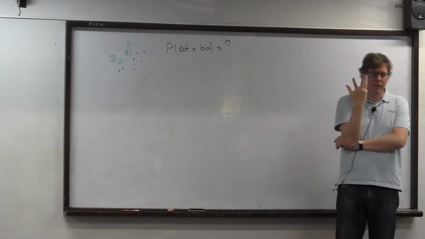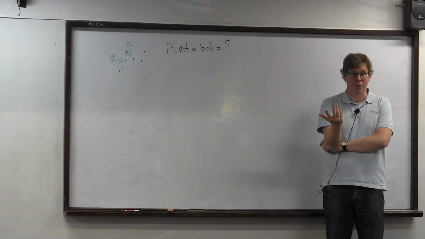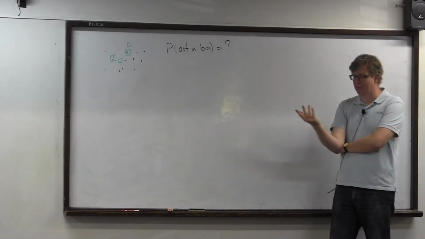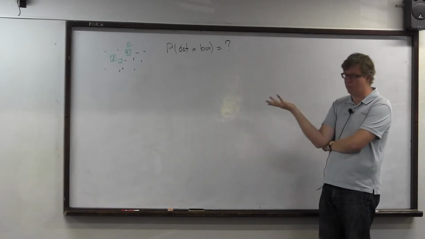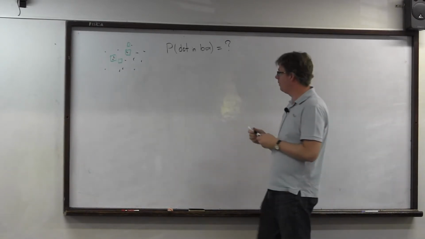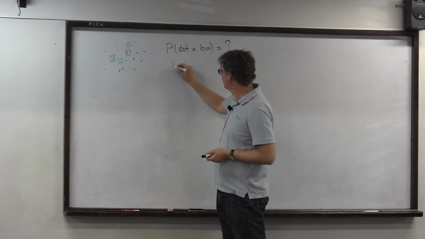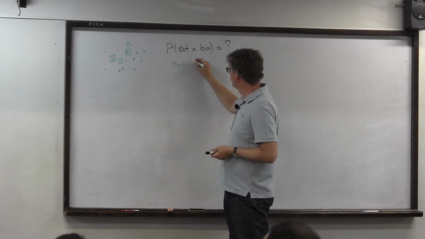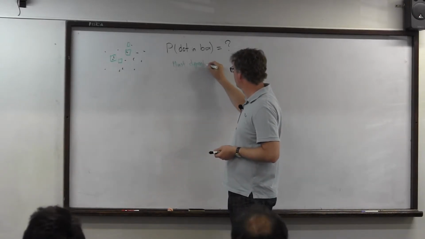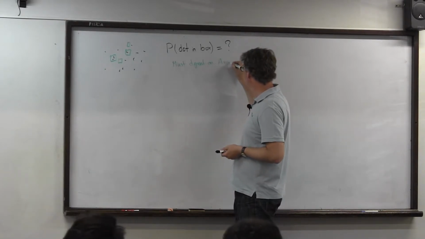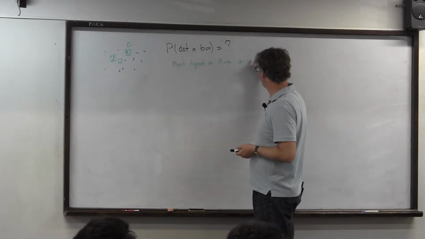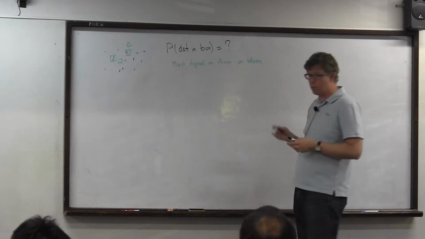So what will it depend on? Well, it will depend on the size of the box, right? So that's kind of obvious. It has to depend on area in this case, or volume if I'm doing it in space.